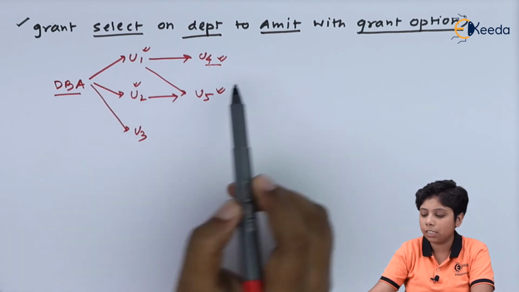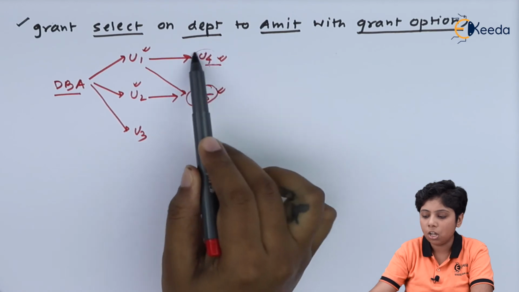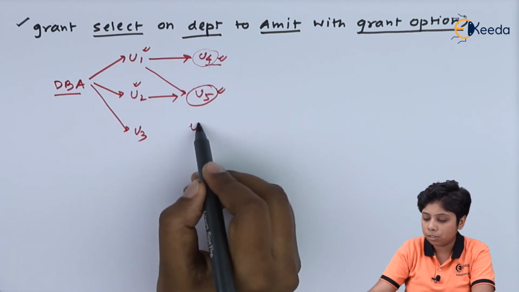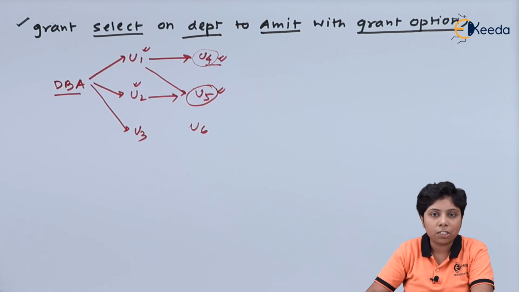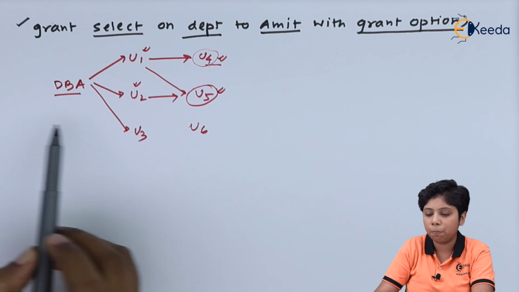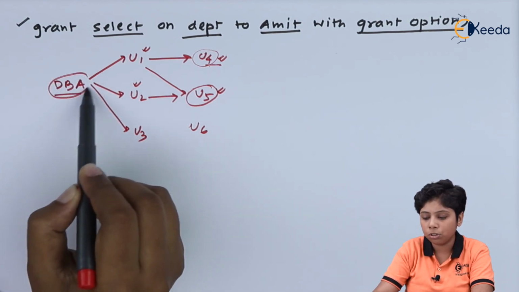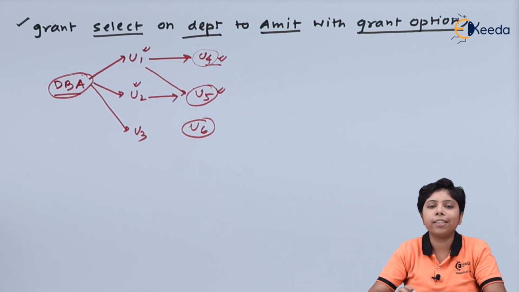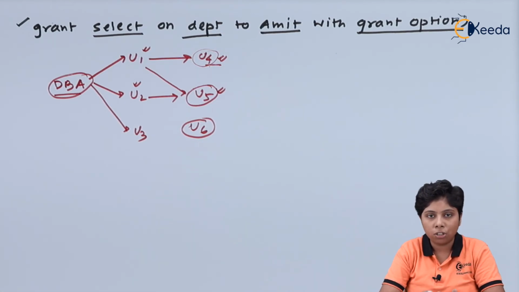So there exist granted privileges on U4 and U5. Say there exists a user U6 here. He cannot get any of the privileges because there is no path that moves from the root to the user. So in this way, we can use the authorization graph to detect whether there is an error or not.